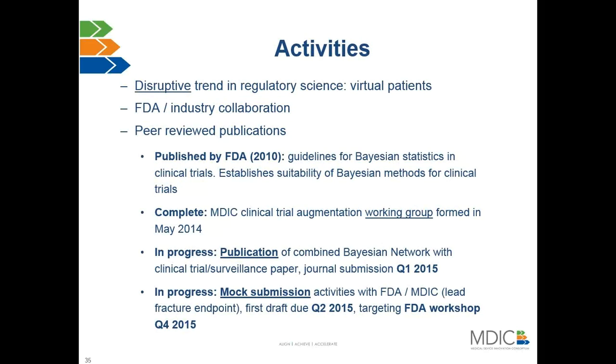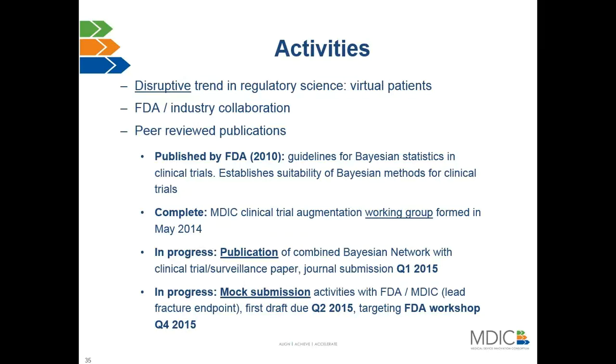So just to discuss really quickly the activities that are going on with regards to this method, there's a lot of collaboration with the FDA through the MDIC working groups. The FDA actually published the use of Bayesian methods, and that was a really important publication by the FDA to say you can use Bayesian methods, and so that's key.